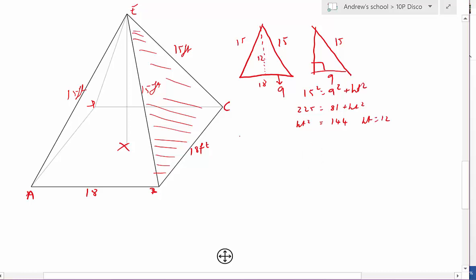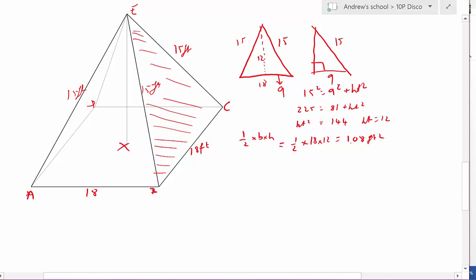The area of one triangle is half times the base times the height, which is a half times 18 times 12. So the area of one triangular face is 108 square feet.